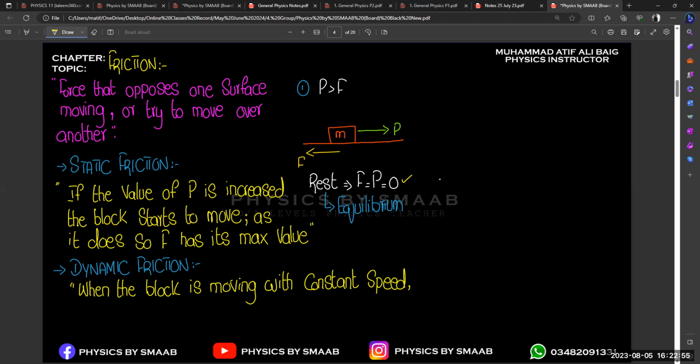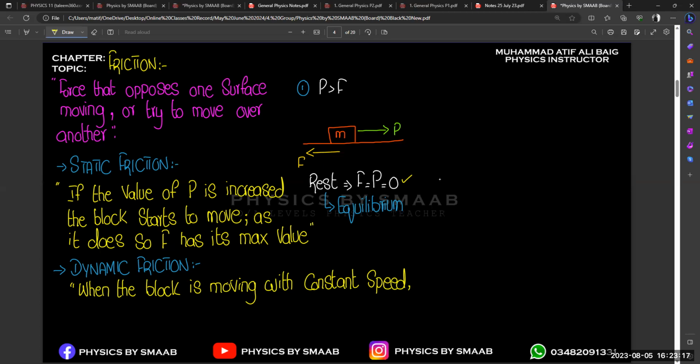Because in forces we discussed that when all forces are equal and opposite, body may move with constant speed, right? But if you think about it, the body is still moving.